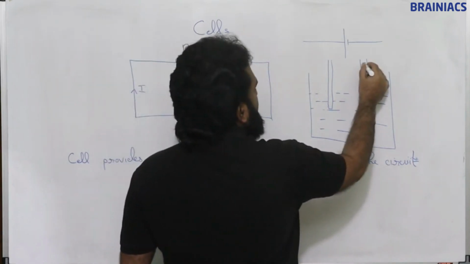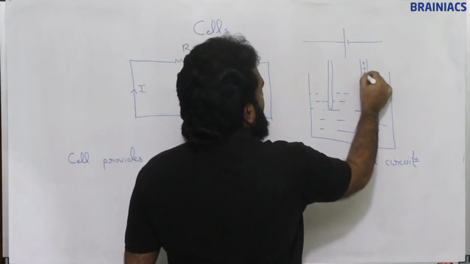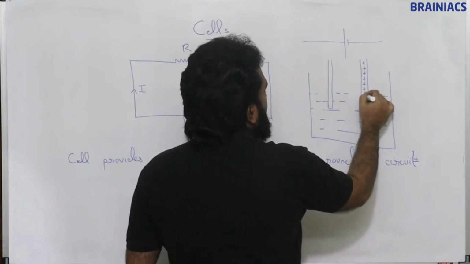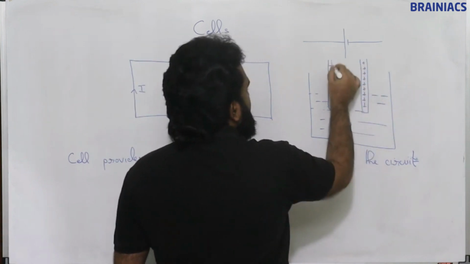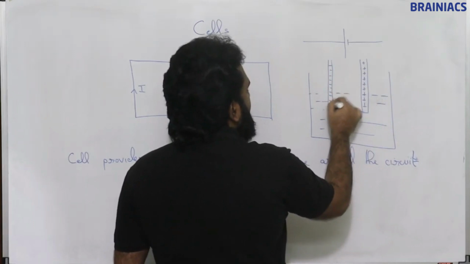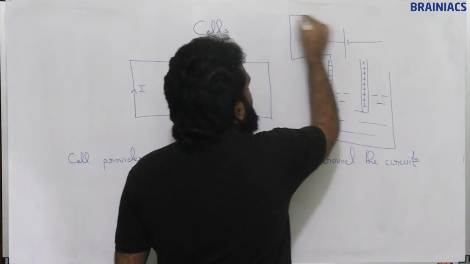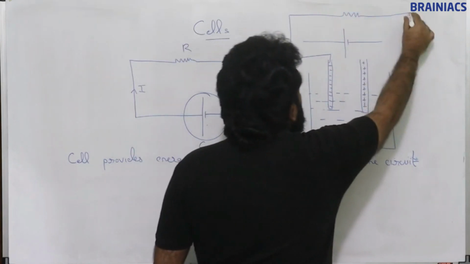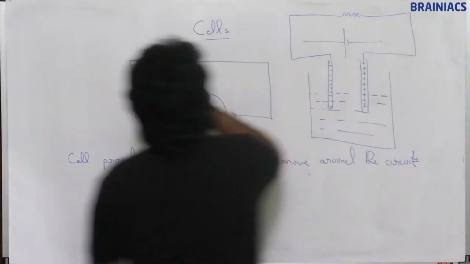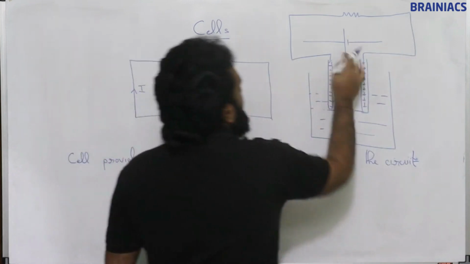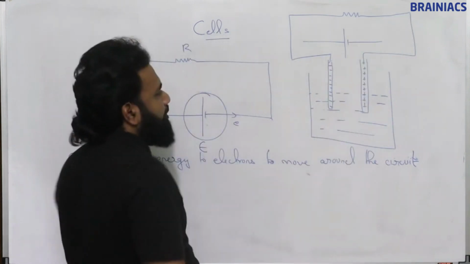One will be the positive terminal and one will be the negative terminal, and a resistance is connected across these two electrodes. This is the cell.